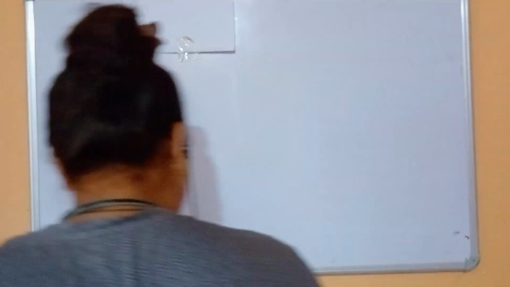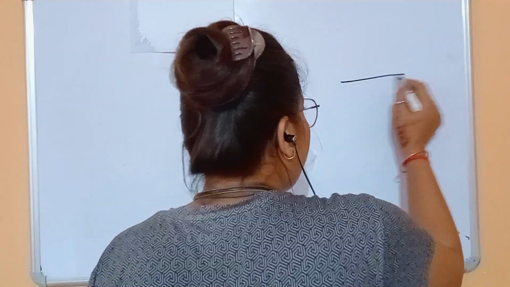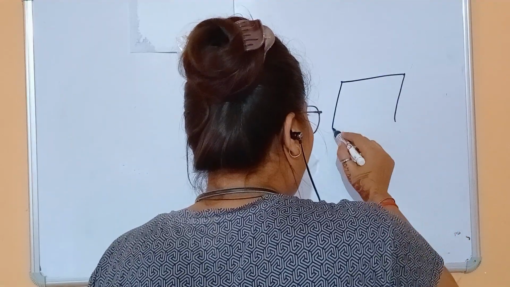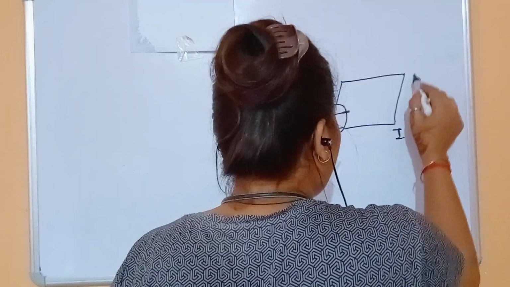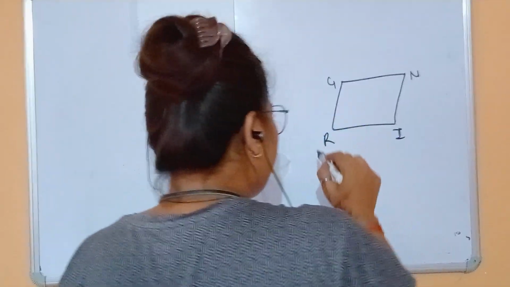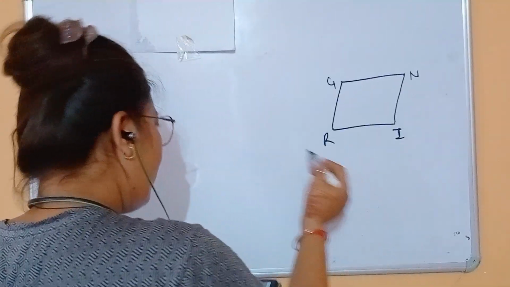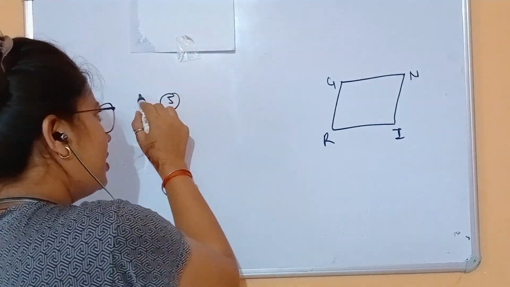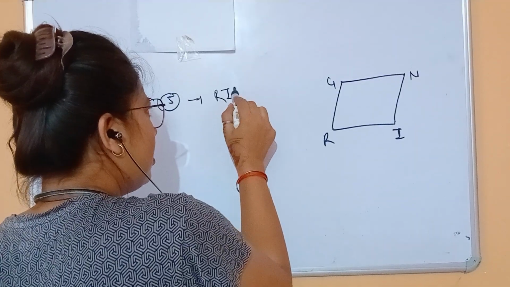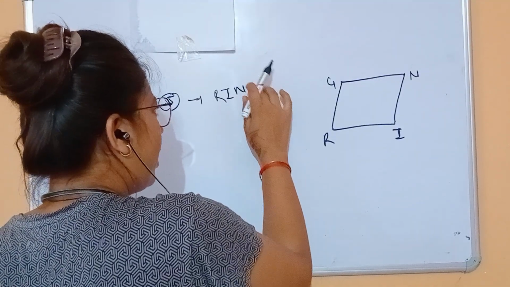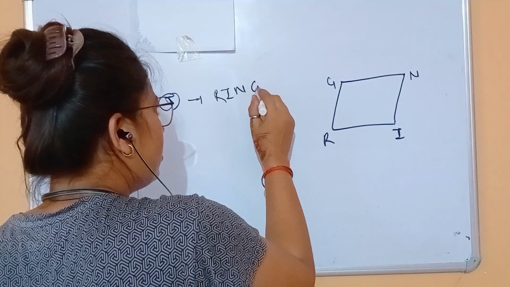First we draw the figure, then we understand what it says. So here is RING, a parallelogram, like the question number 5 example.